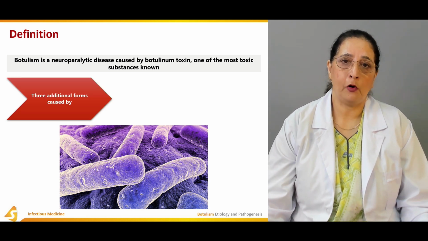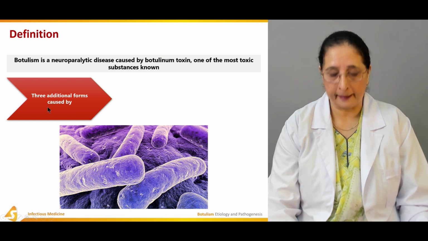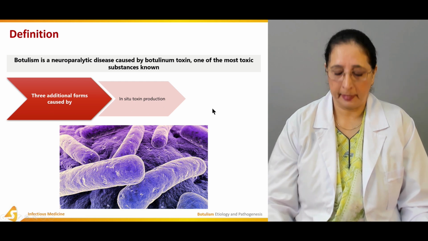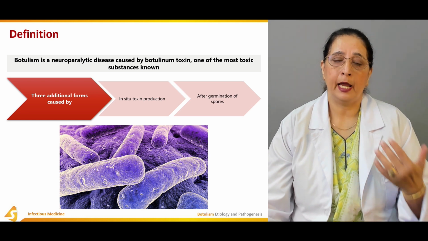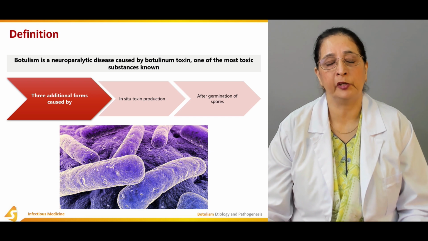There are three additional forms of botulism. They are caused by in situ toxin production, and also by the spore formation and germination of the spores produced by the clostridia.